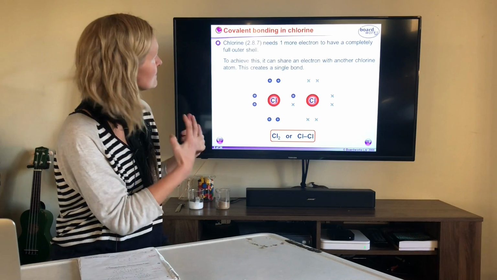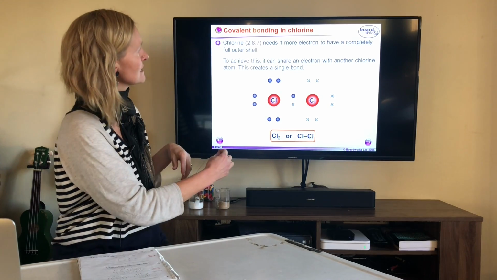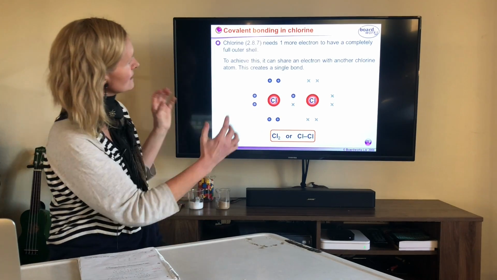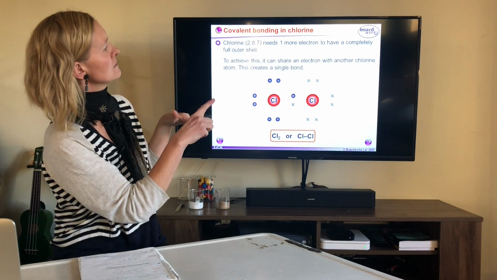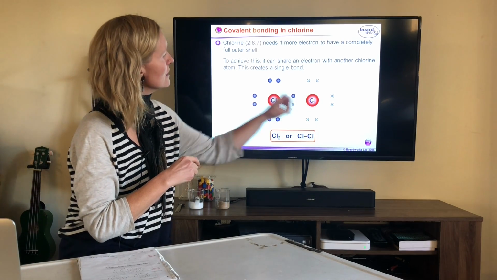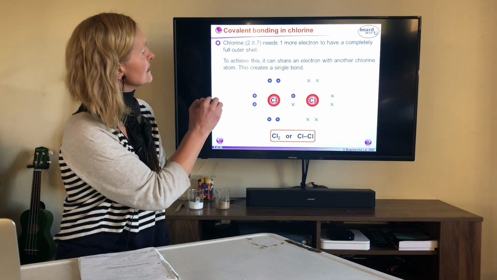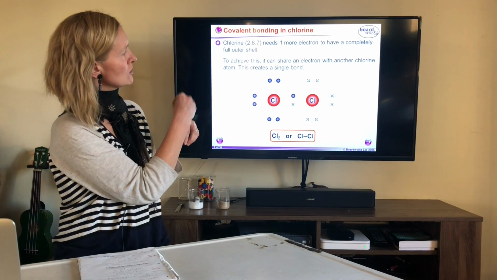To achieve this, it can share an electron with another chlorine atom, and this creates a single bond. You can see here the two atoms have come together and they're overlapping each other. One atom is represented with the stars, one is represented with the circles or the dots, and now they're each sharing that outer electron.